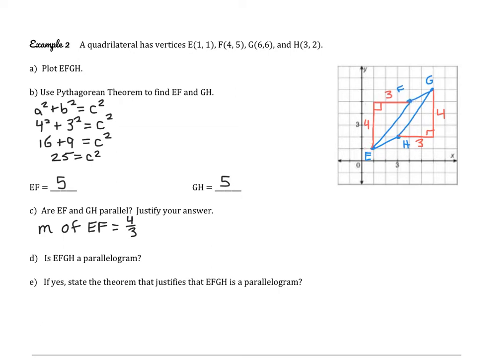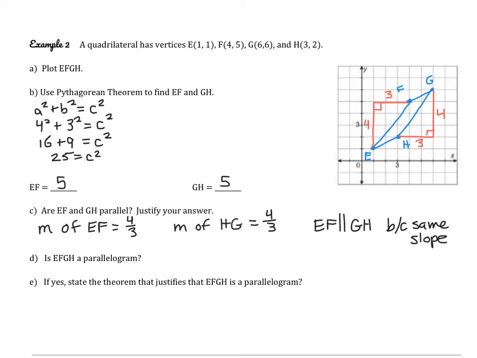And then the slope of HG or GH. So again, from here I'm going up 4 over 3. So my slope is 4 over 3. So since the slopes are the same, we can conclude that those two segments are parallel. So they are parallel because they have the same slope.